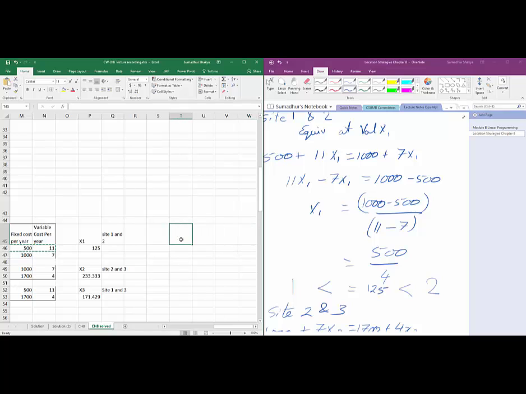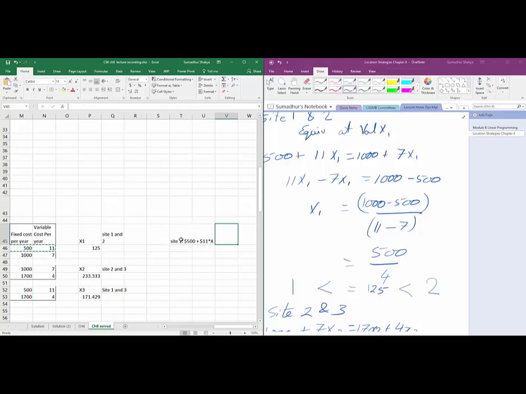Now if you want to visualize this, let's see how we can do that. Let's write down the equation for every site. So for site 1, our equation would be $500 investment cost, plus x times the variable cost, which is $11 times x. Now this x is not known to us.